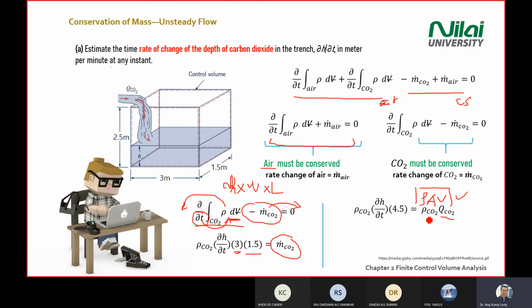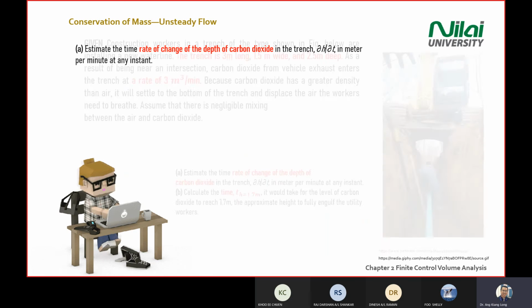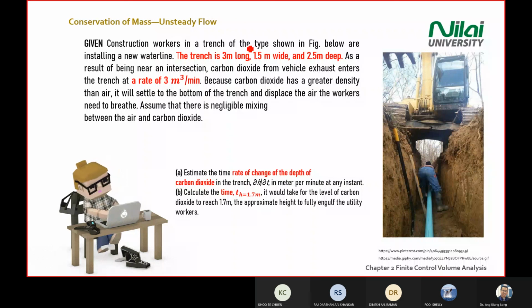So rho CO2 on both sides cancel. Rearrange. Q CO2 is given in the question. If you look back at the question, you see here CO2 goes into the trench at 3 meter cube per minute. So this is your Q. Q is volume flow rate.